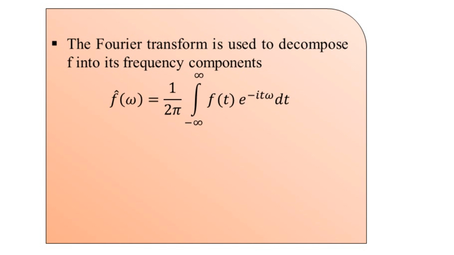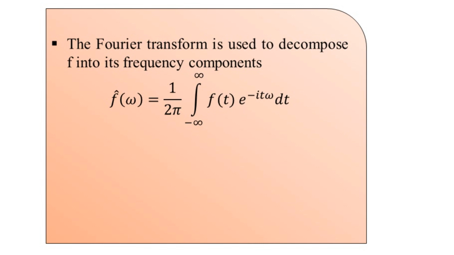So here f cap of omega is equal to 1 upon 2 pi multiplied by the integration from minus infinity to infinity of the product of f of t with the complex exponential e to the power minus i t omega dt. So this way the forward Fourier transformation is utilized for the decomposition of the signal information into the respective frequency components.